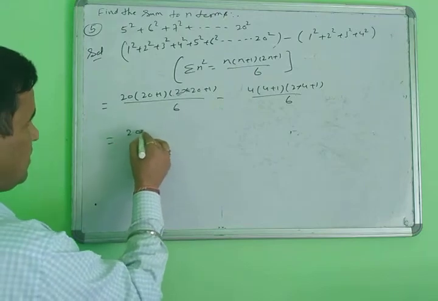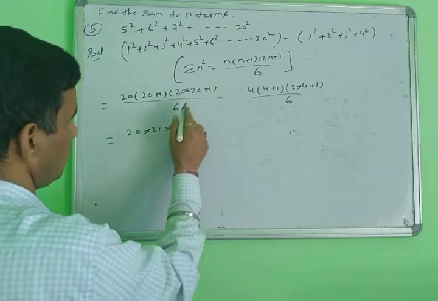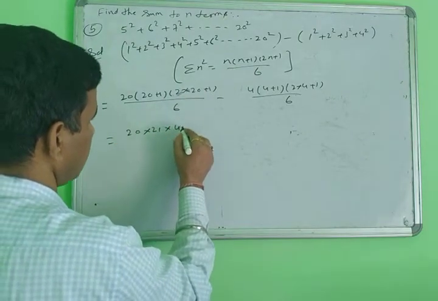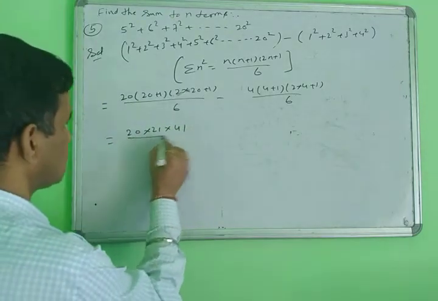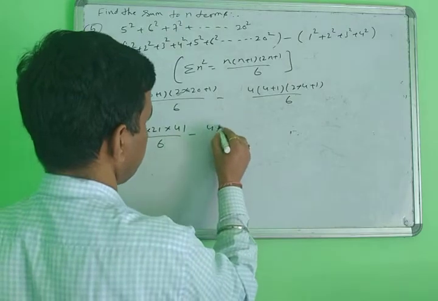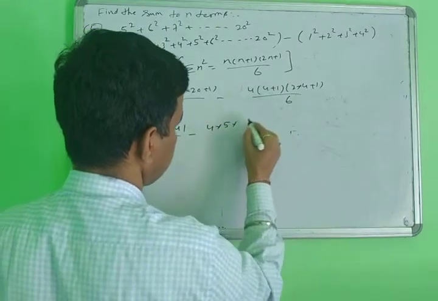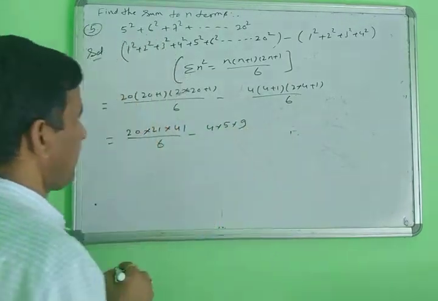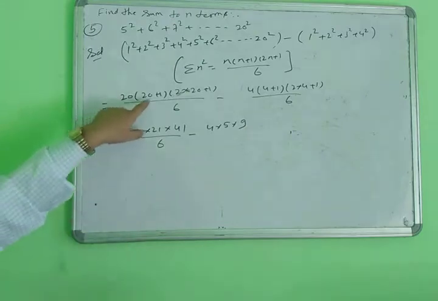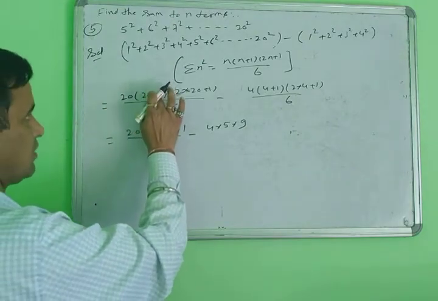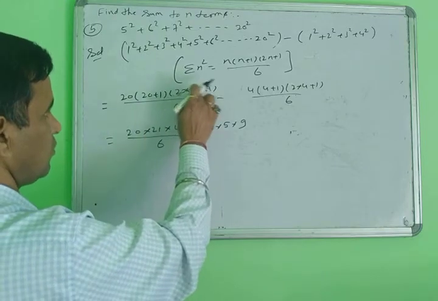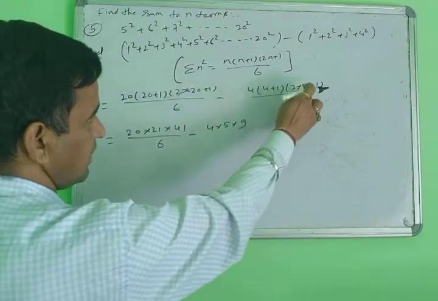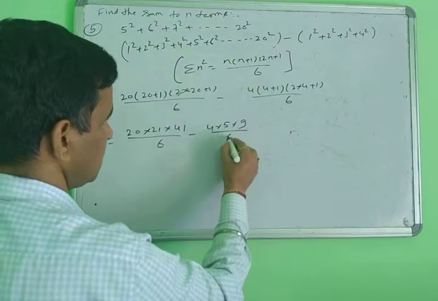They are 20 into 21 into 41 upon 6, minus 4 into 5 into 9 upon 6. Here 20 plus 1 is 21, 2 into 20 is 40 plus 1 is 41, here 5, and 4 into 2 plus 1 is 9, upon 6.